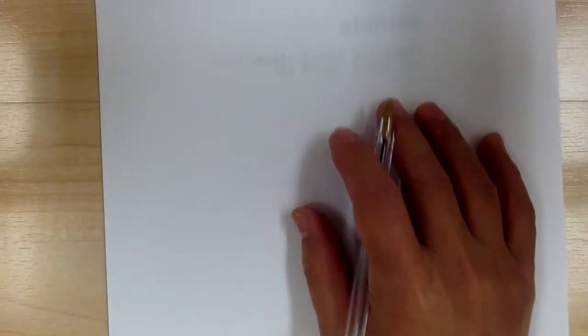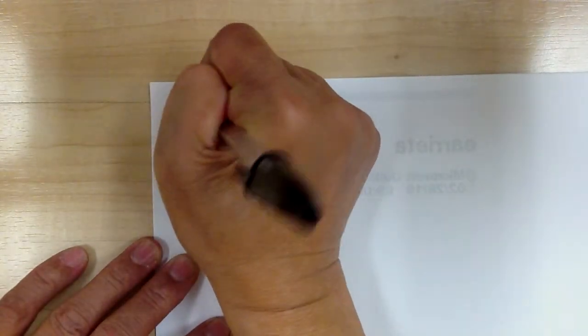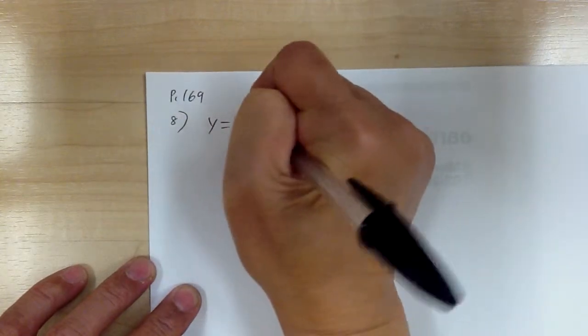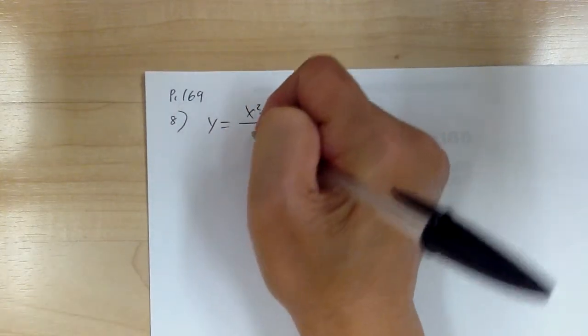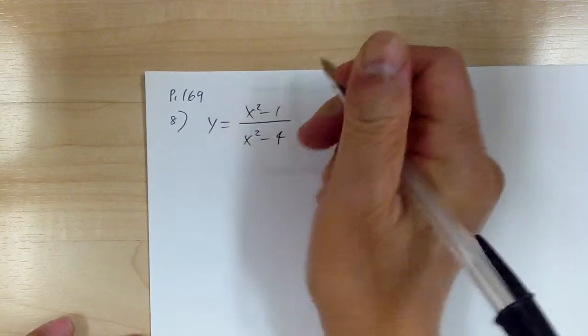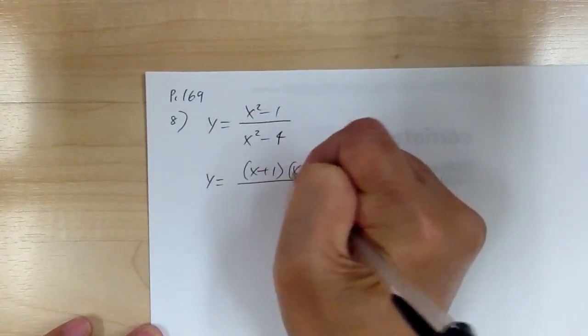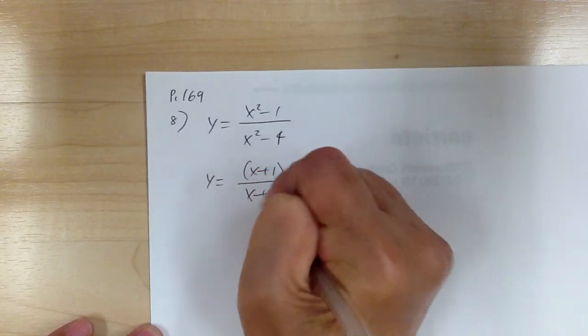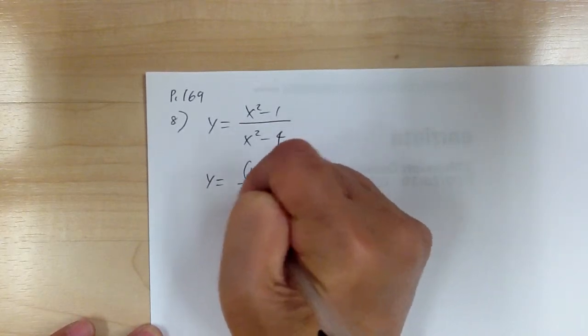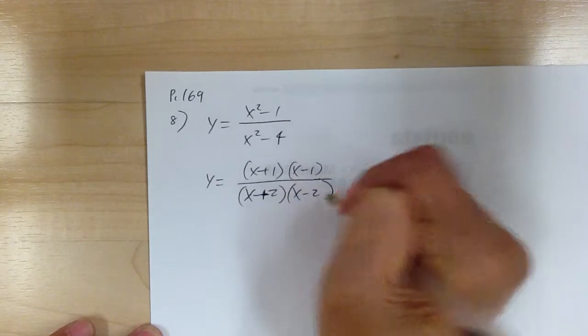Okay, let's go to number 8. You have y equal to x squared minus 1 over x squared minus 4. So do the factoring. So x plus 1, x minus 1, x plus 2, x minus 2.